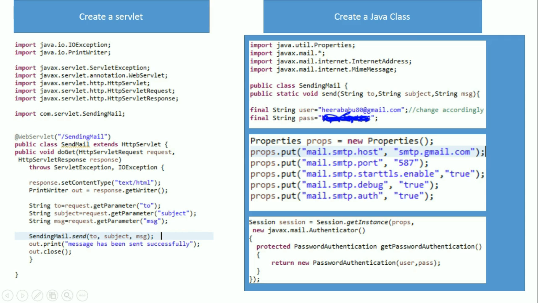Create an object of the Properties class. You need to put the properties of the server, like mail.smtp.host, which is smtp.gmail.com, port number 587, STARTTLS enabled true, debug true, and authentication true. These are the properties I put on the properties object.